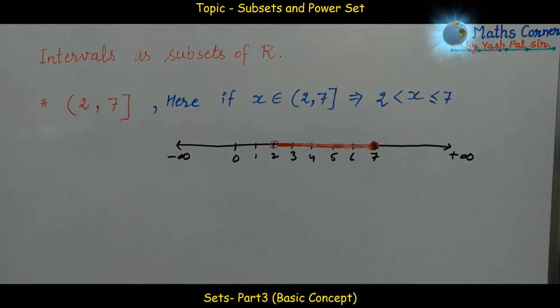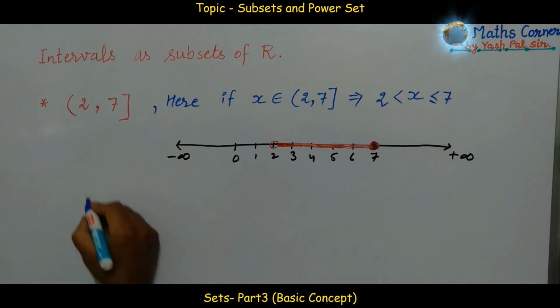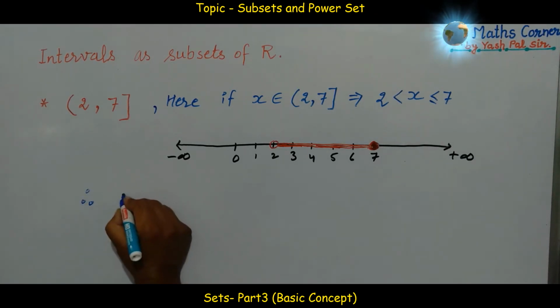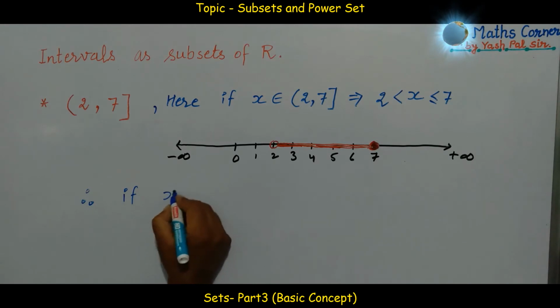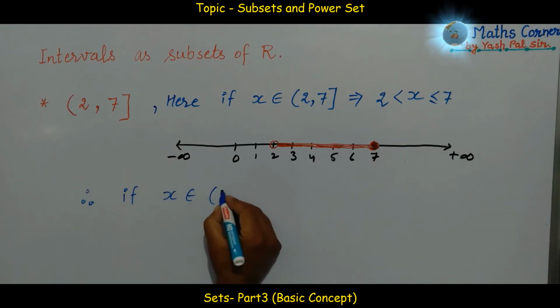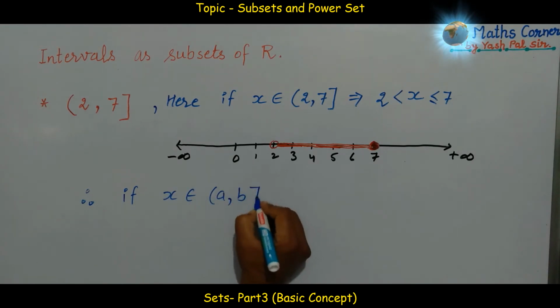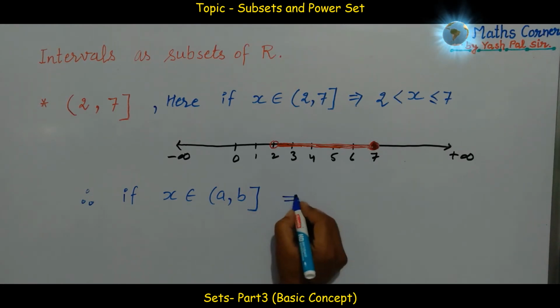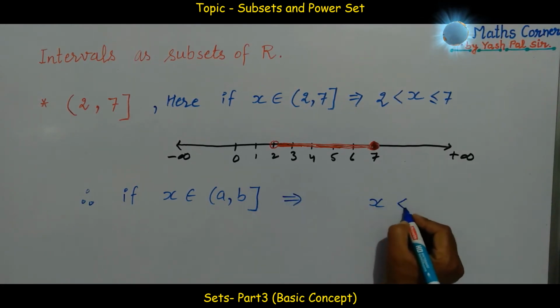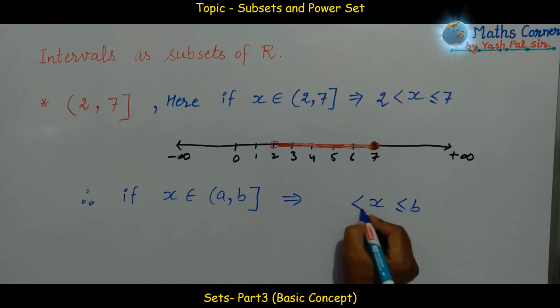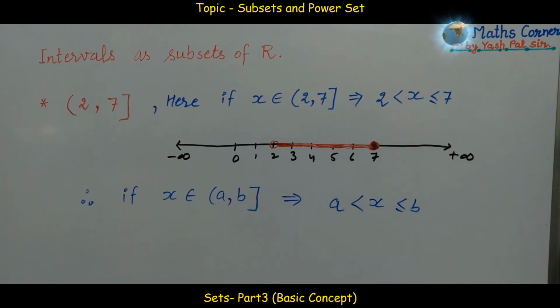More precisely again, how to write? We say if x belongs to A to B, open closed bracket, it means x is less than or equal to B, greater than A. Next is the next interval.